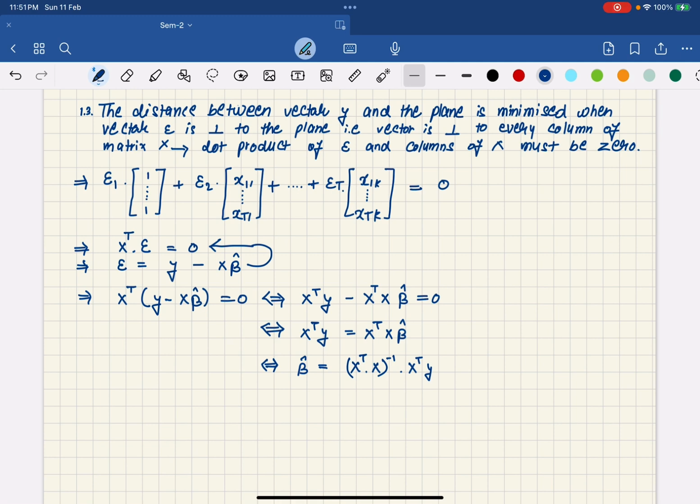Okay, so in the simple linear regression model, you get some normal equations, right? In matrix form, this equation represents our normal equations, and this beta hat is the vector of our parameters.